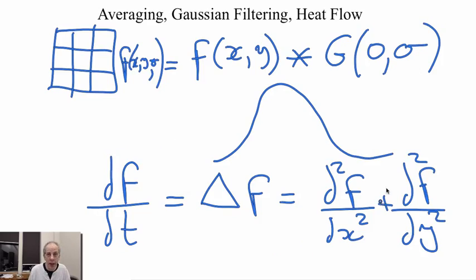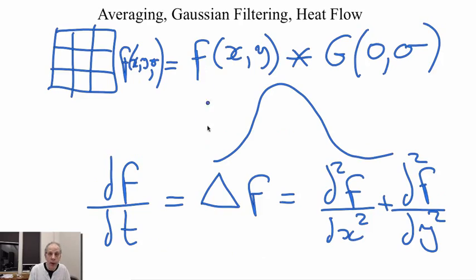It's actually something very interesting, and it depends on the time. The more you let this diffuse is equivalent to having a larger sigma, a larger variance. So once again, the result of doing this local averaging with the Gaussian filtering is equivalent to taking the image, thinking of the pixel values, the gray values, as heat, and letting it run according to the heat flow, which is this.